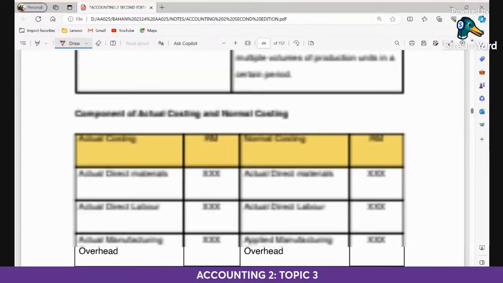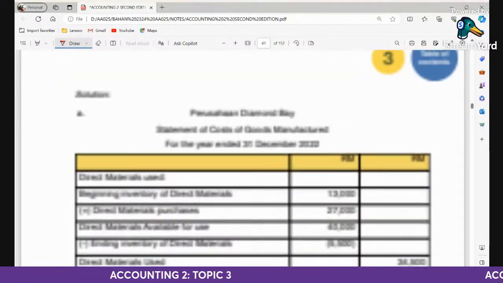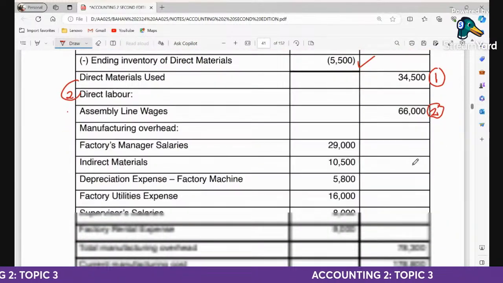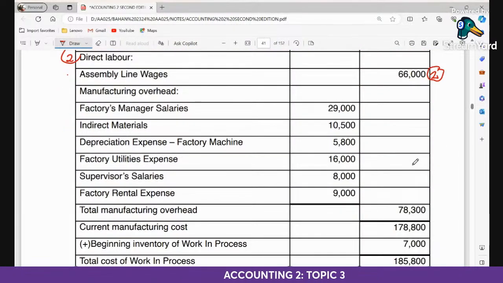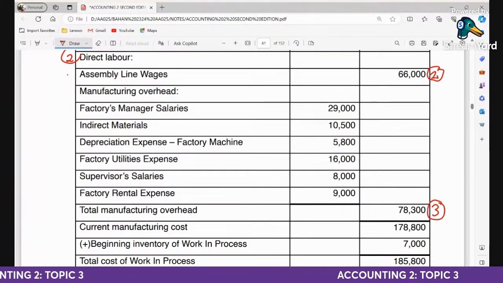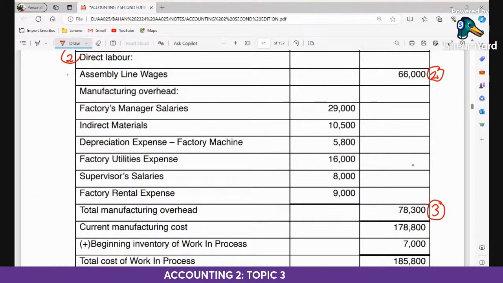Okay, so manufacturing overhead, we will list everything. Alright, so you will get your total manufacturing cost. This is item 3. So 1 plus 2 plus 3, we will get current manufacturing cost.